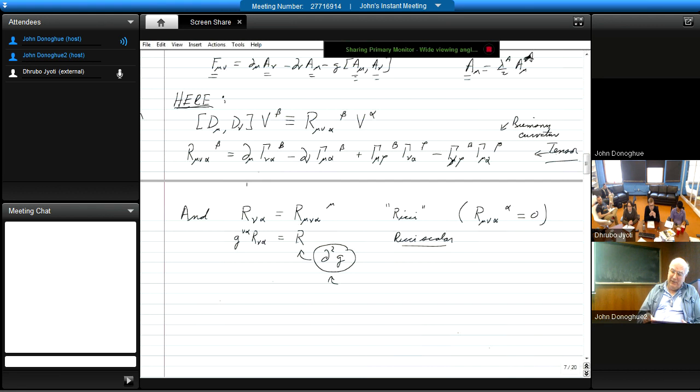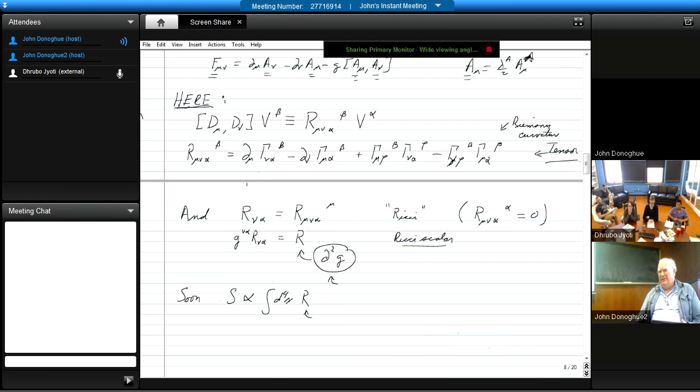Okay, so just looking ahead, we're going to do it today. But this guy being a scalar makes a good candidate for the action. So the action will be proportional to d4x R. And so our goal at some stage today will be to vary R and get the equations of motion.